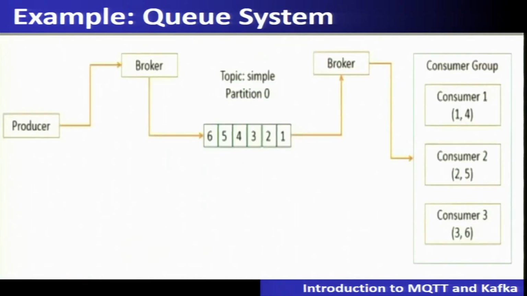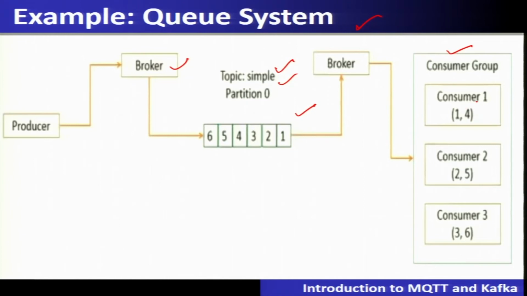Let us take this queue example in Kafka. The producer writes a particular message for a particular topic into a particular partition with the help of a broker. Similarly, a consumer in a consumer group consumes the messages which they have subscribed to for a particular topic out of that partition.